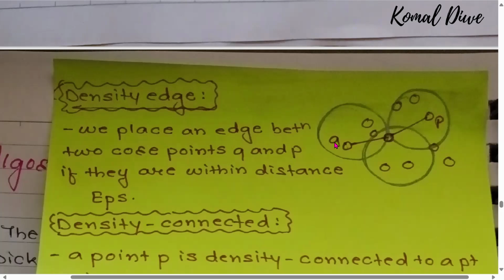This is point Q, this is point P, and the distance from this point to this point is within epsilon, and you can say equal to epsilon.